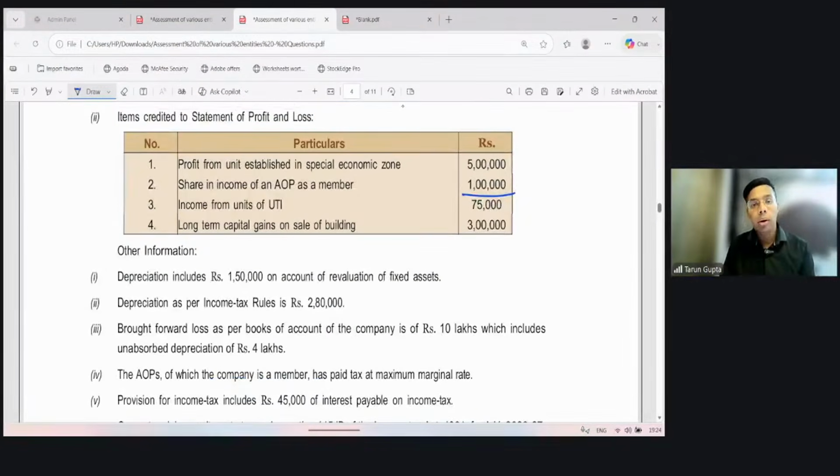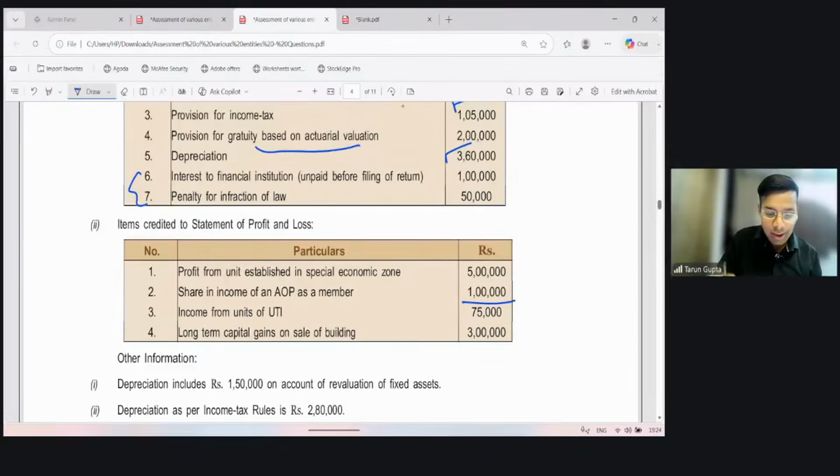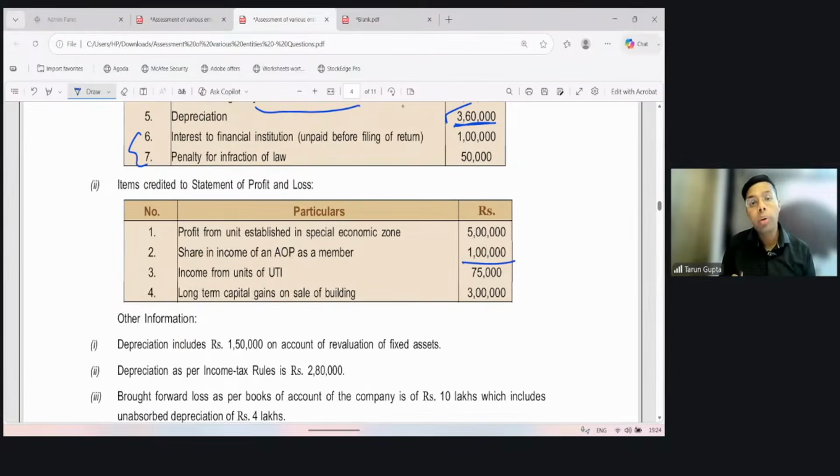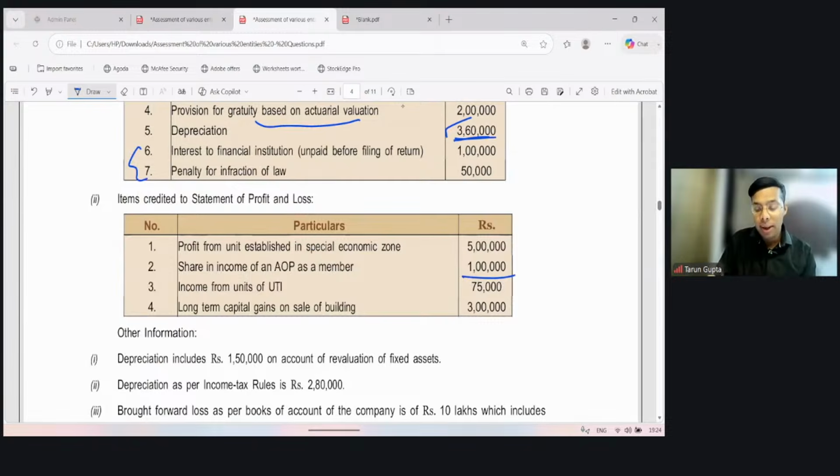Now the question which Umang asked is answered here. It says the depreciation is 3,60,000. It includes 1,50,000 on account of revaluation. So while computing book profit, I'll add 3,60,000, but I will reduce only 2,10,000, that is 3,60,000 minus revaluation. Okay.